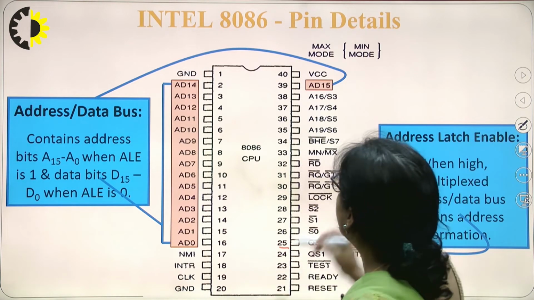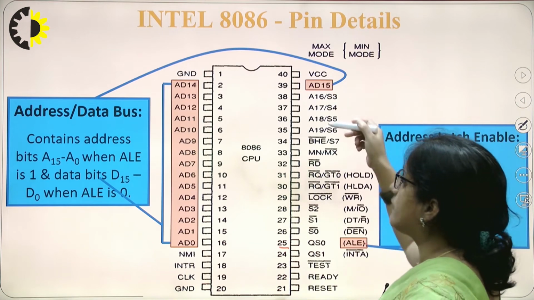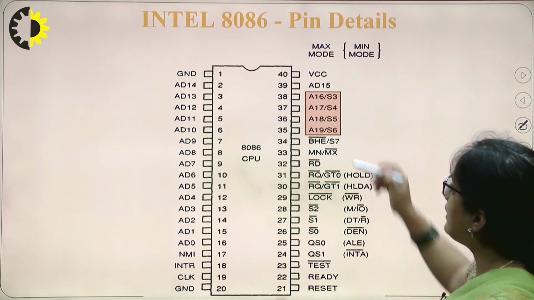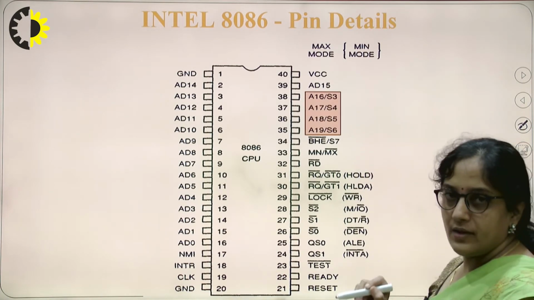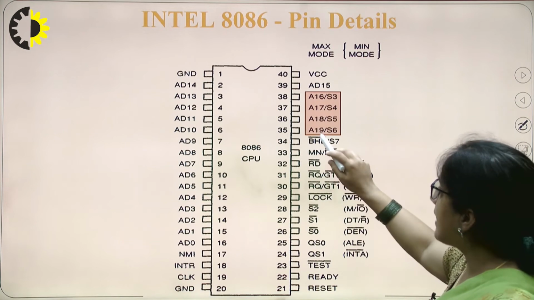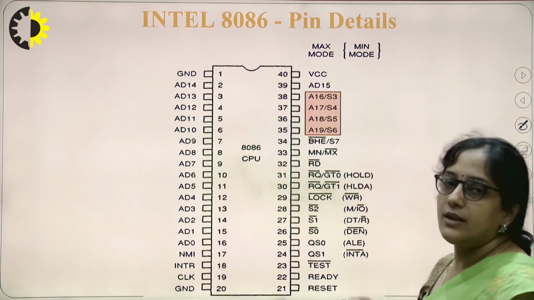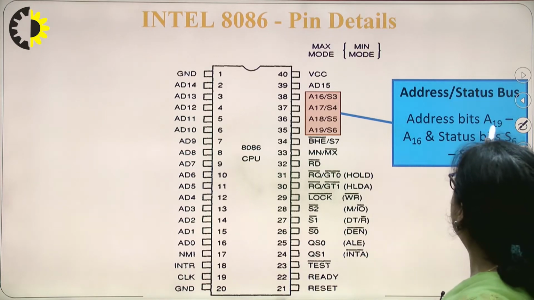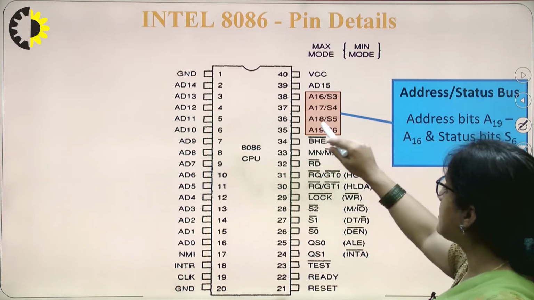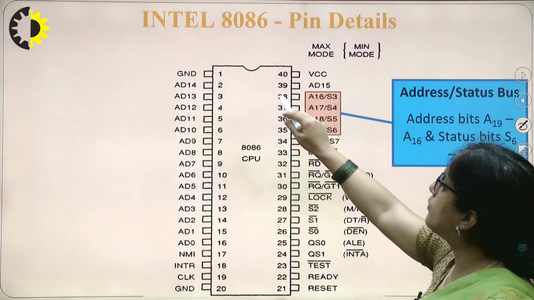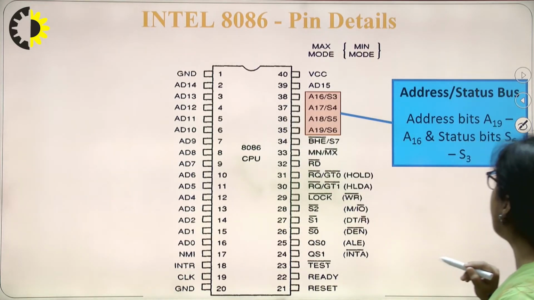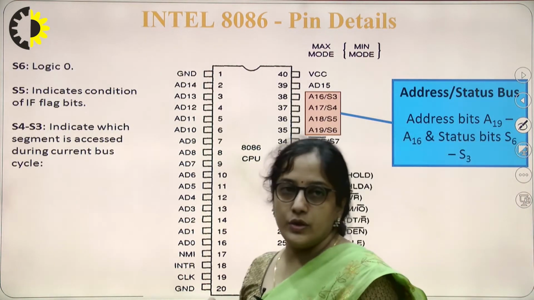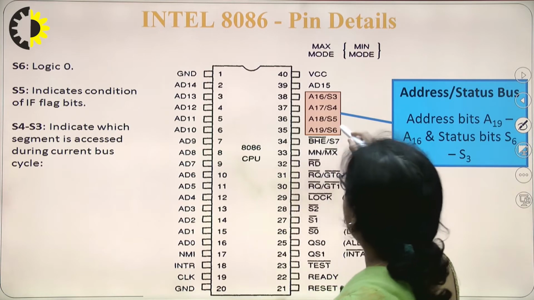The remaining 4 lines, the higher order address lines, are also multiplexed with status signals. Sometimes they carry the address, and at other times they show the status. So A16 to A19, pin numbers 35 to 38, carry the address as well as the status. What status do they show?